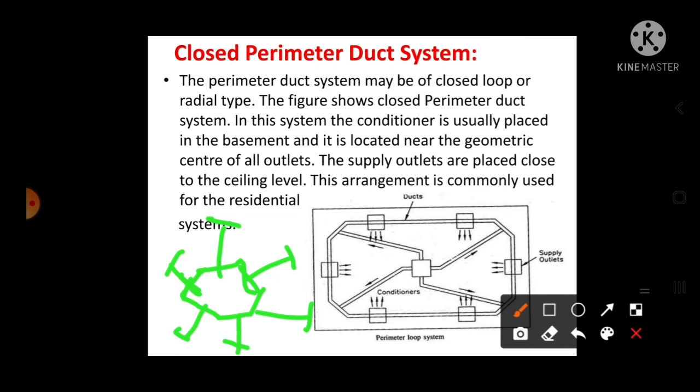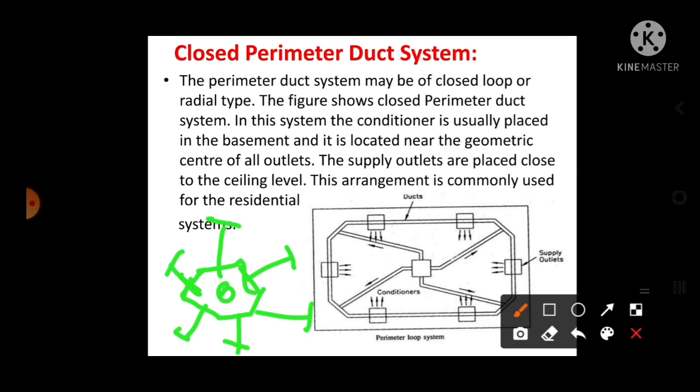Radial perimeter duct system is used in symmetrical building. In this system, the plant plenum is located at the geometric center of the building. So this hexagonal shape is your plant plenum. From plant plenum, air is supplied to every outlet which is more or less the same distance from the plant plenum.